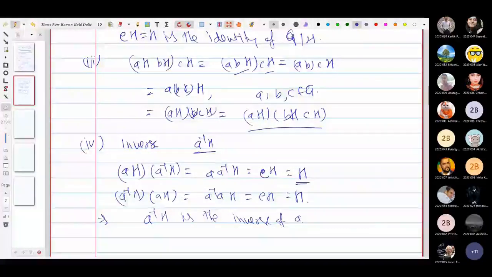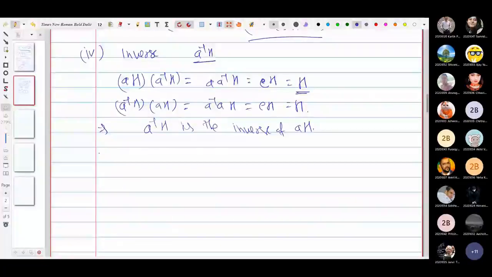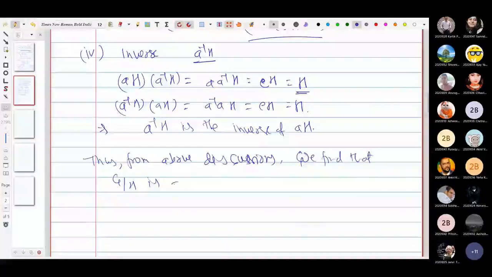Thus, from the above discussions, we find that G by H is a group.